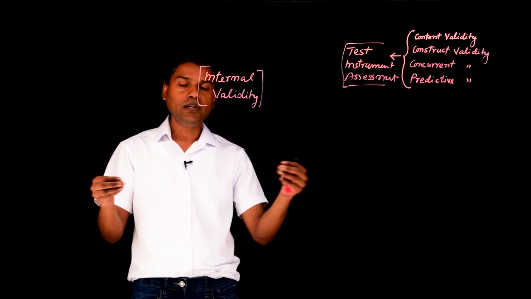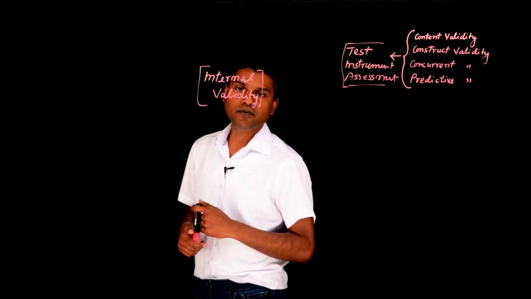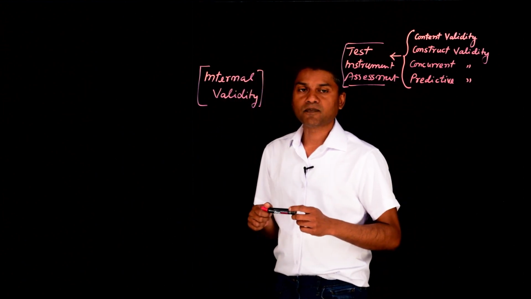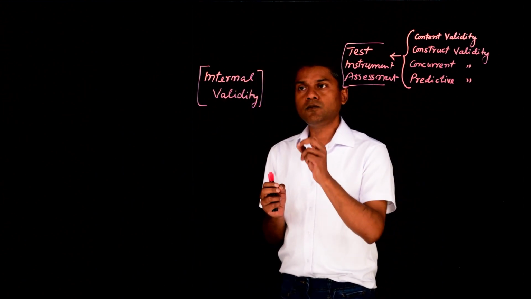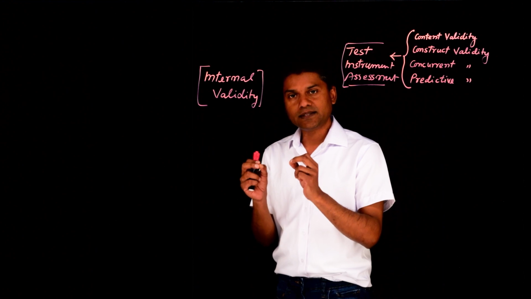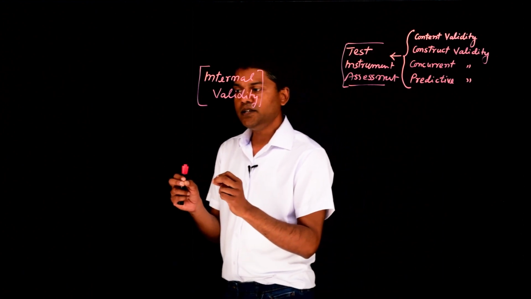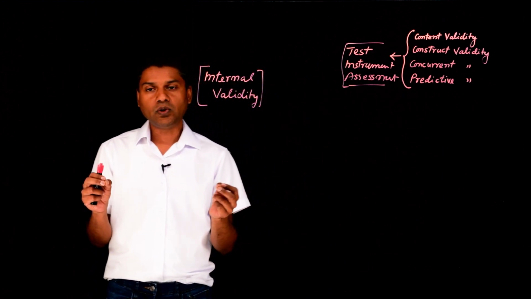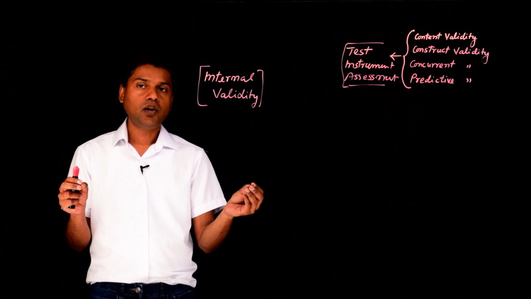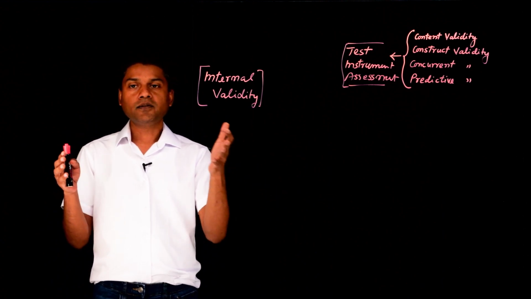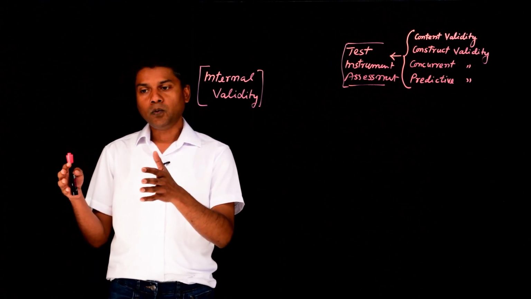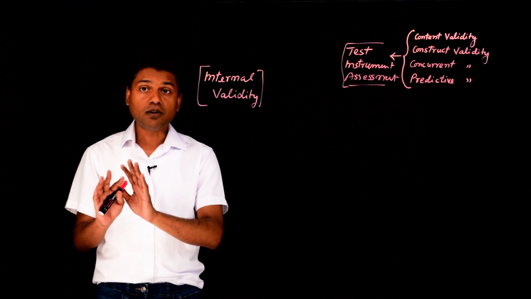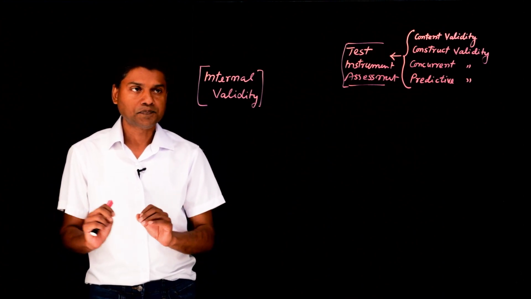So you try to establish a cause-effect relationship. So internal validity refers to the extent a study's findings or results are caused by the variables which are being manipulated and not by any other variable.